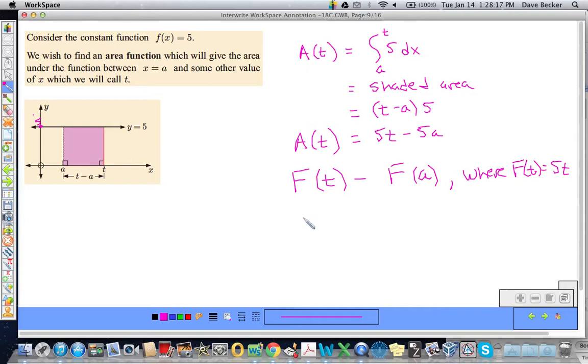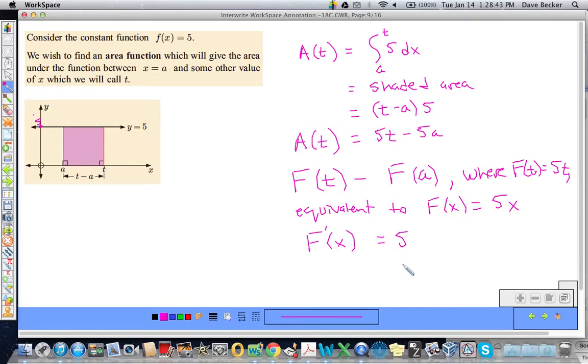Which is equivalent to, since this is the x-axis, F of x is equal to 5x. Now if I take capital F of x and I take its derivative, I get 5.